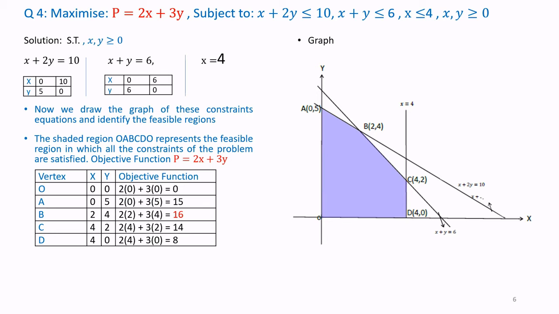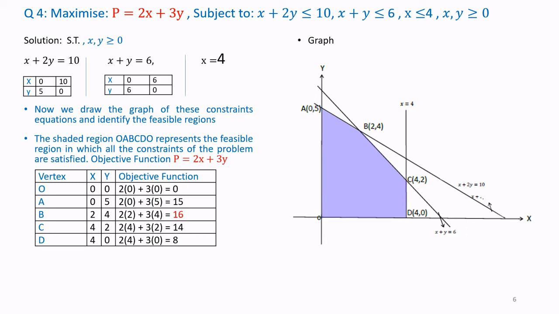Next, we will calculate P at point C. The coordinates of C are 4 and 2, as you see here in the graph. So x is 4 and y is equal to 2. The objective function 2x plus 3y can be written as 2 into 4 plus 3 into 2, that is equal to 14.